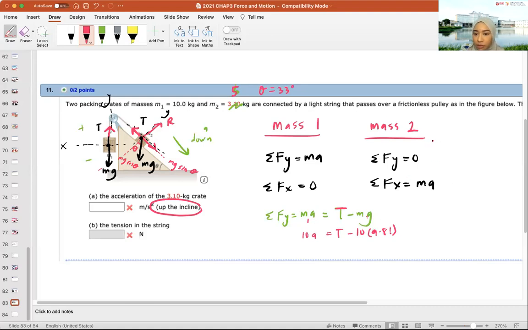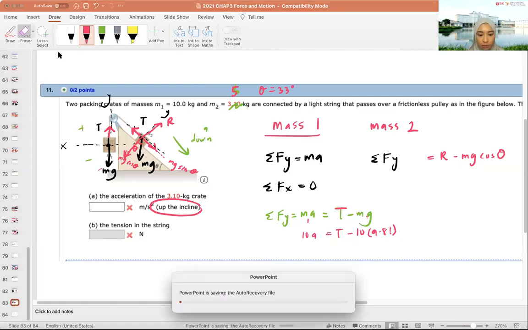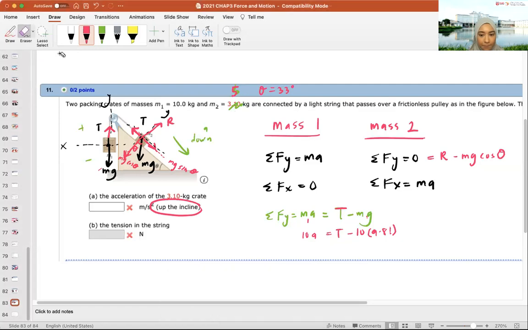Next, for mass number 2, net in the Fy is equal to 0. And this is equal to R minus mg cosine theta. Because I have R going up here and mg cosine theta is down here. Forgot to draw the arrow. Okay, so now I know that my R is supposed to be, it disappeared.